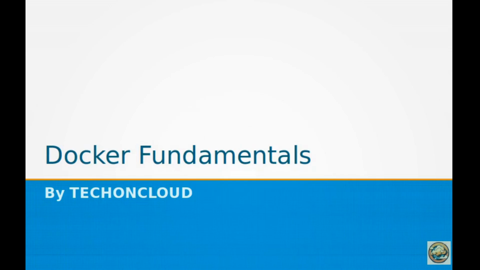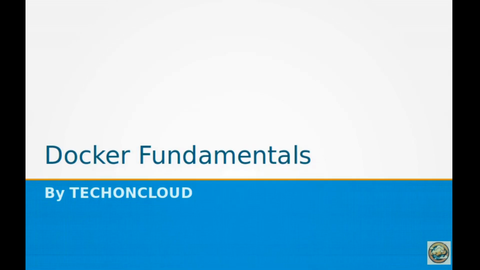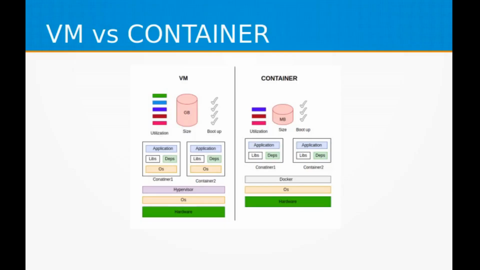Now let's move further to see the differences between a virtual machine and a container. As you can see on the screen, I have a very basic diagram of the virtual machine architecture and the container architecture. Let's start with the container architecture.